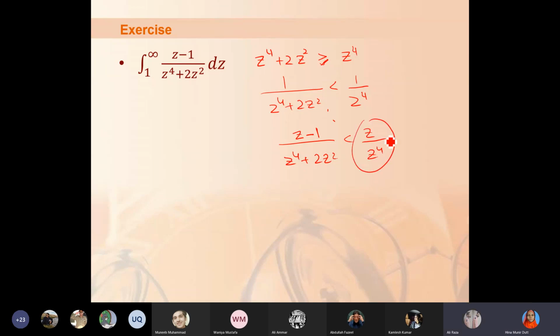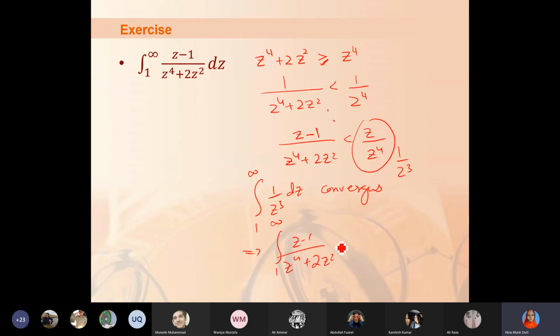So I can write it like this. Now this is my 1 over z cube, and the integral of 1 over z cube dz converges. This is my top function. Convergent. So this implies that the integral from 1 to infinity of z minus 1 over z to the 4 plus 2z square dz also converges.